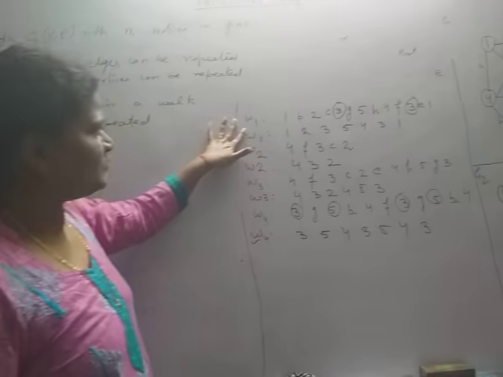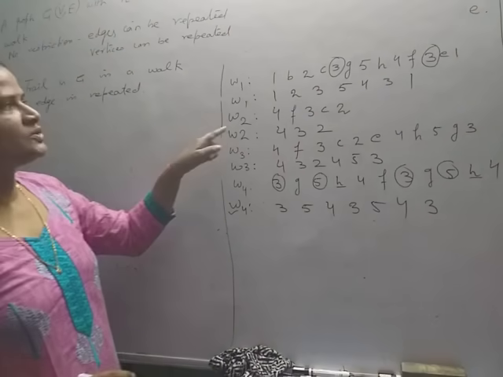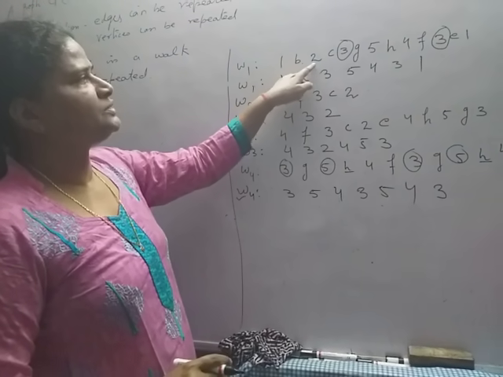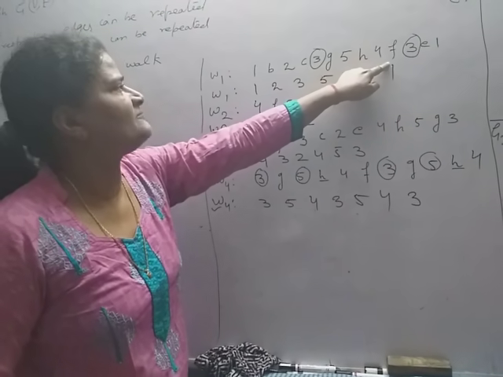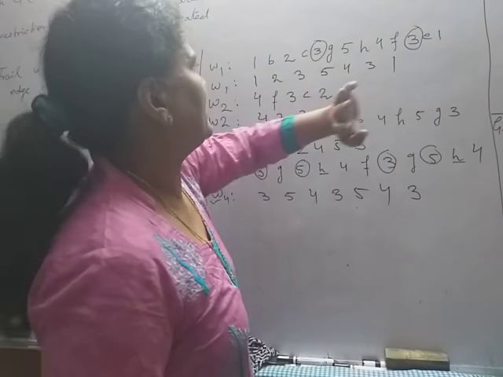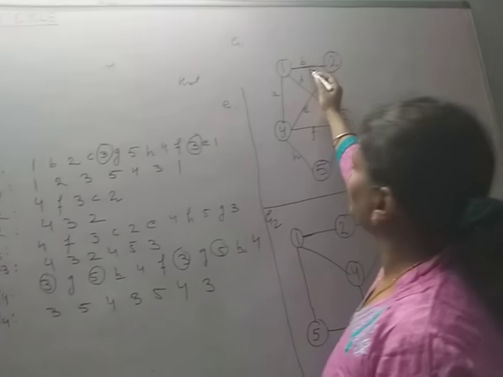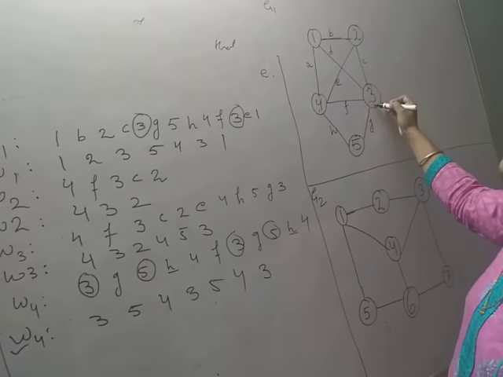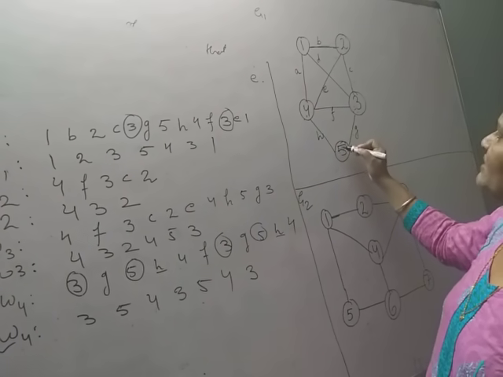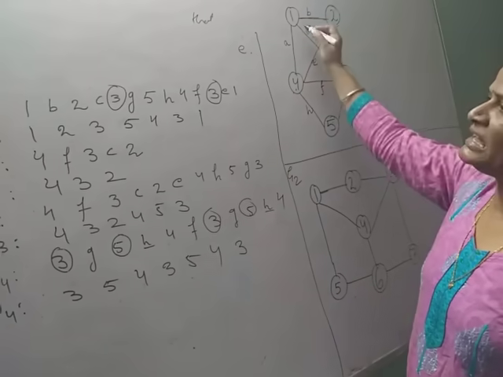So just these are the walks. Now see whether it is trail or not. Okay, so here see 1 B 2 C 3 G 5 H 4 F 3 E 1. See from here, 1 B 2 C 3 G 5 H 4 F 3 E 1.